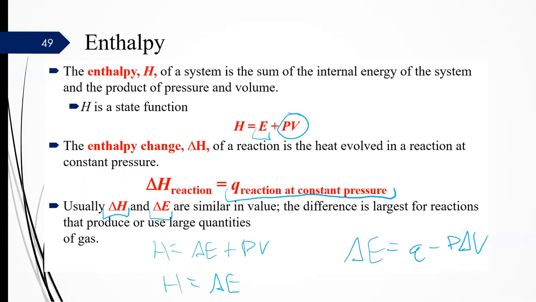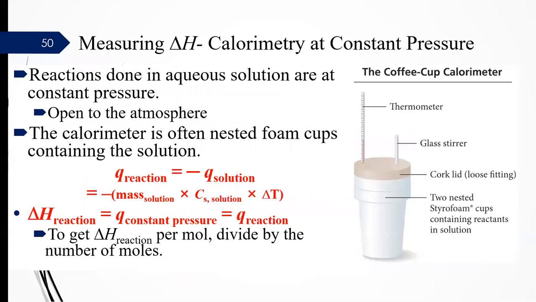And so then we start to see a lot of deviation between enthalpy and heat, or enthalpy and our internal energy. But we just want to use enthalpy because we want to start to be able to look at our reactions. And so as long as we're at this constant pressure and this constant volume, then we can find the enthalpy of that reaction by looking at the heat of the reaction, which is where we use our calorimeters.